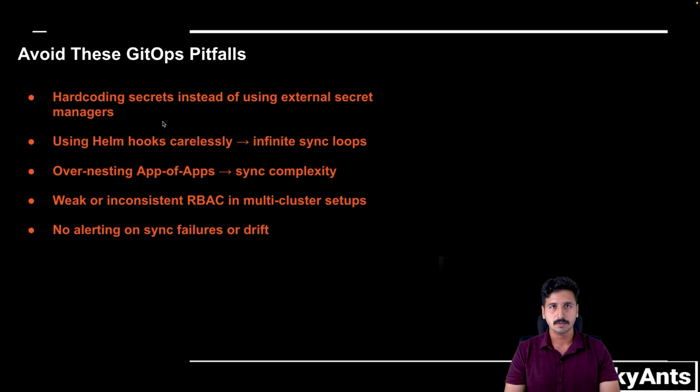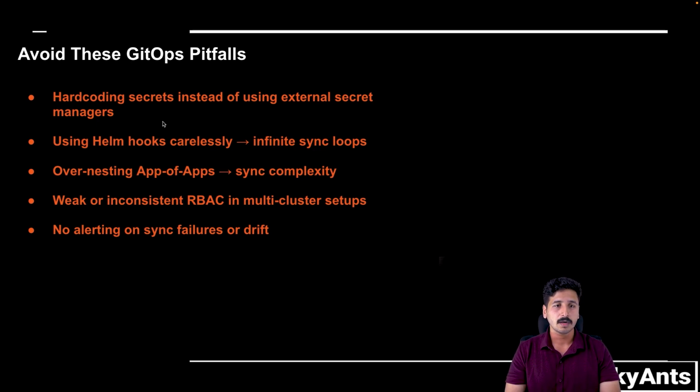Post that, we should not overnest the app of apps pattern. It causes complexity, and it will be harder to debug at times. And weak and inconsistent role-based access controls can lead to the wrong access for the wrong team members. So that is also a thing to keep in mind.